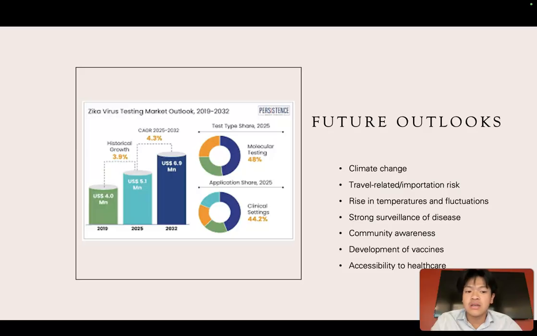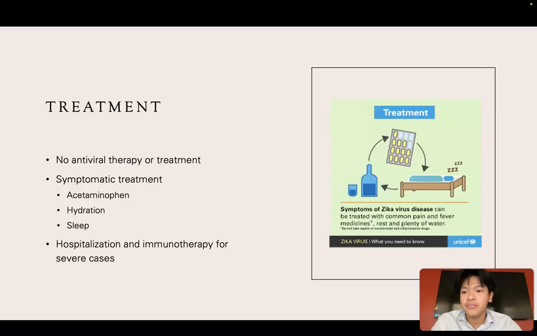According to the CDC, areas with denser mosquito populations are highly monitored, and the public is also educated a lot more about the prevention that should be taken. I also include community awareness, development of vaccines, and accessibility to healthcare, as all those are important for the future outlook.